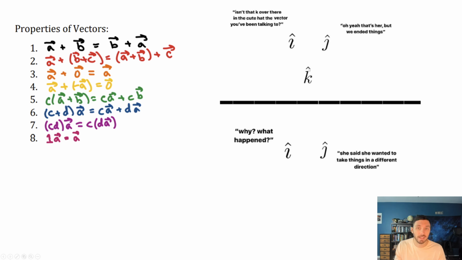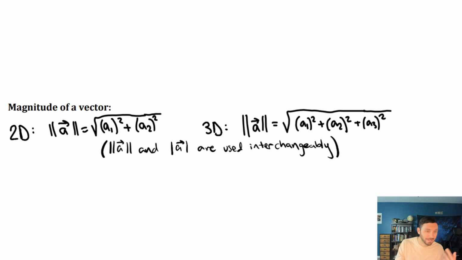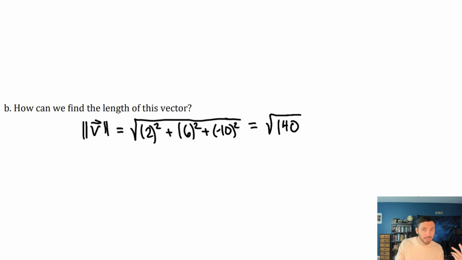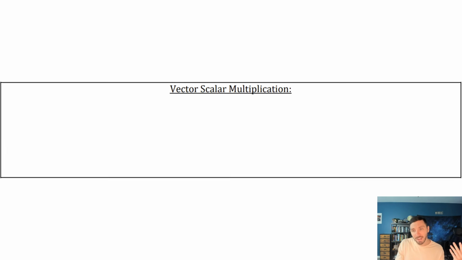We use these little special hats to denote the standard basis vector notation. Sometimes I might be a little lax about that. That's the unfortunate part about Calc 3 in particular, is that in my opinion we tend to get a little loose with our notation. We go back and forth: double bars for magnitude, but single bars are good too. We can give i, j, k the special hat if we want to, but we don't have to.